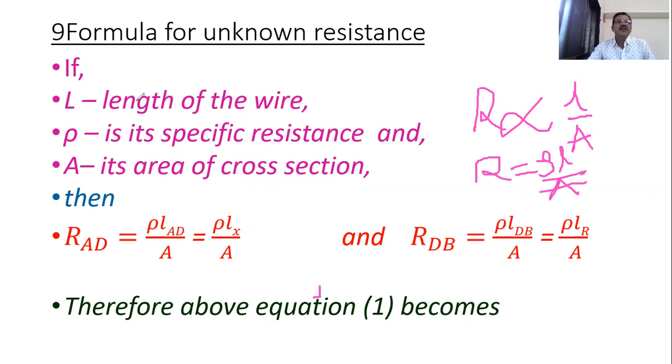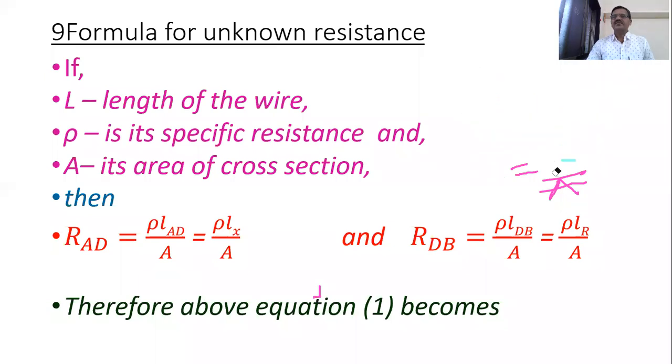So L is the length of the wire, rho is its specific resistance, and A is the area of cross section of the wire. Then here RAD will become rho LAD upon A.